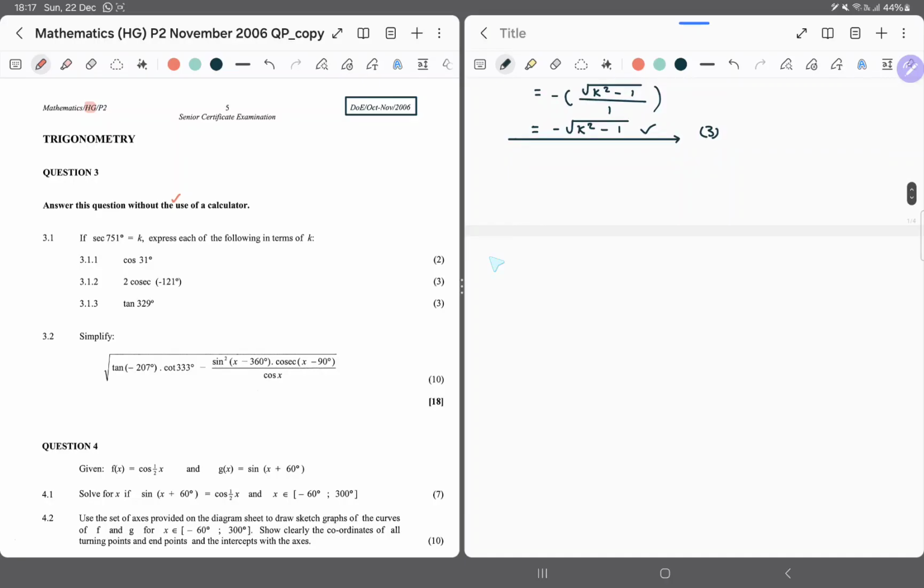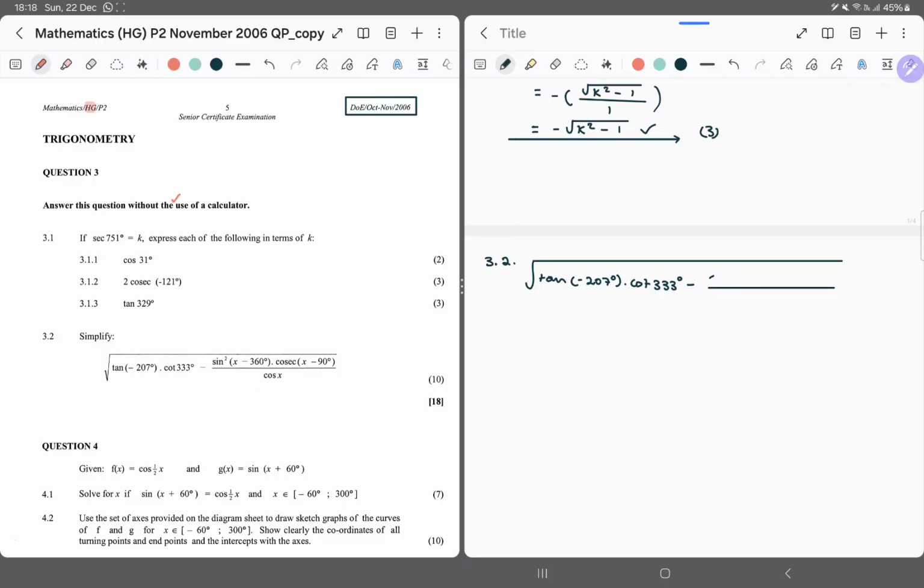All right, let's get to 3.2. Now 3.2, we need to simplify this business right here. So we've got tan of minus 207 degrees times cot 333 degrees minus this fraction over here.